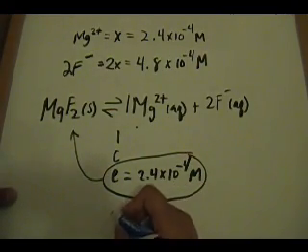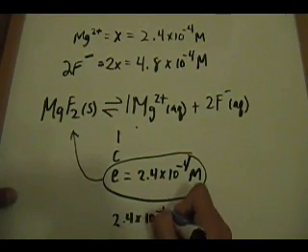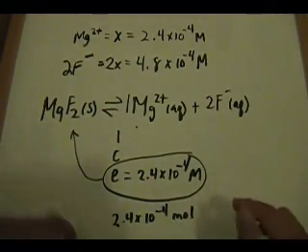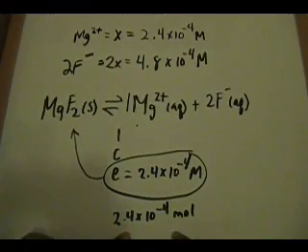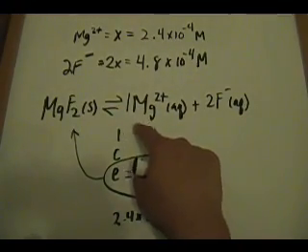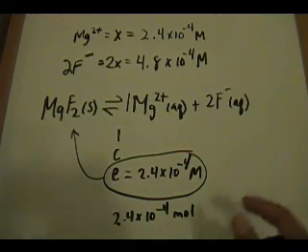That's saying that we needed 2.4 times 10 to the negative 4 moles of magnesium fluoride to generate 2.4 times 10 to the negative 4 moles of magnesium. Again, we're assuming that we're in a 1 liter solution of water. So that's all it is.